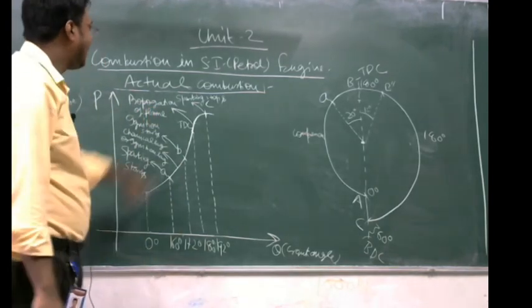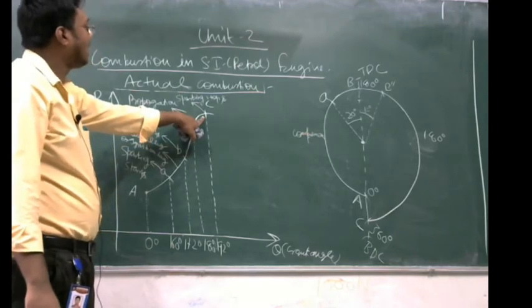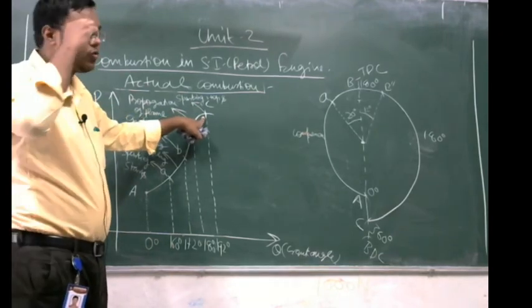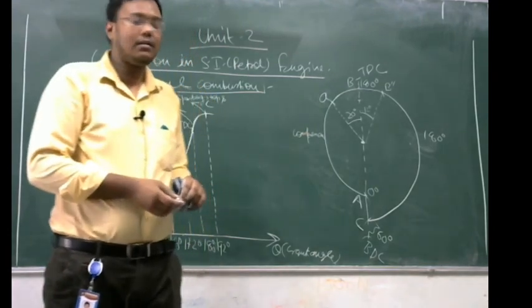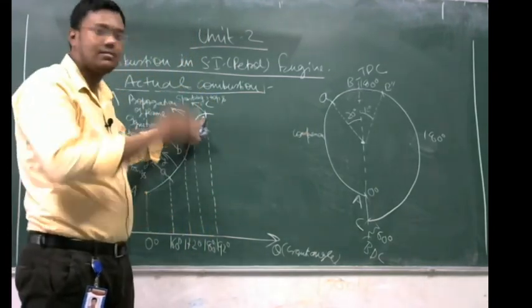At point C sparking stops, so the rate of ignition also becomes very low, and from point C pressure starts decreasing.